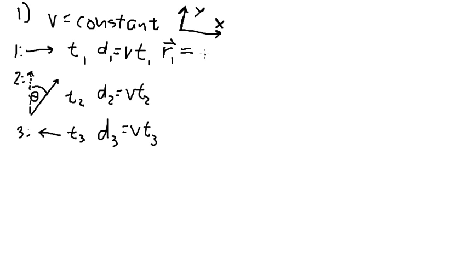So R1 is going to be v times t1 times i hat, which is our straight-to-the-right vector. And let me do the third one because that's also easy. This one is going exactly the opposite way, so that's going to be negative v t3 i hat.